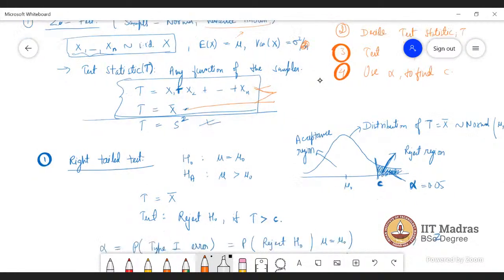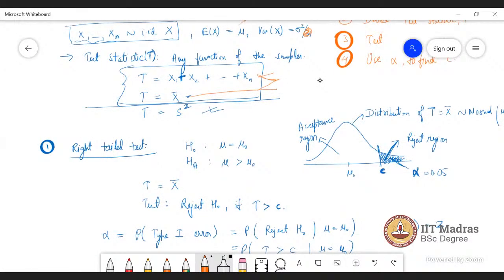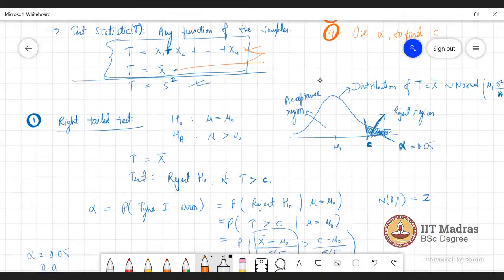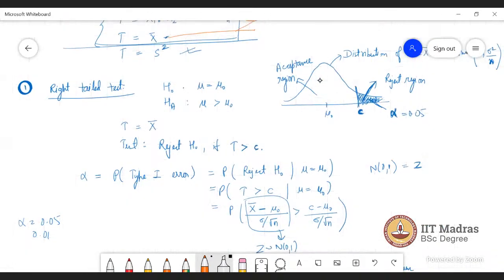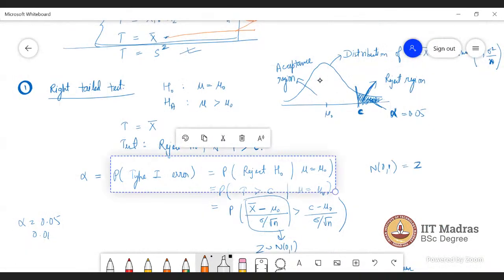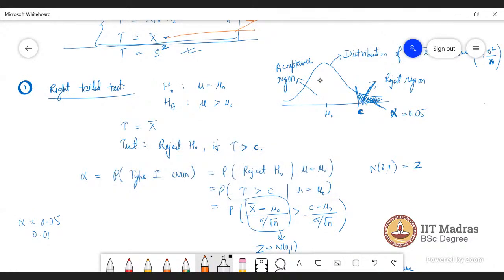So in case of one-sided test, you have one right-tailed test, and other is left-tailed test. So what is right-tailed test? It is like the null will be given as H0 equals mu naught, and alternative will be given as mu greater than mu naught. So at mu naught, you have the center of the normal distribution, and you are taking your alternative to be mu greater than mu naught.